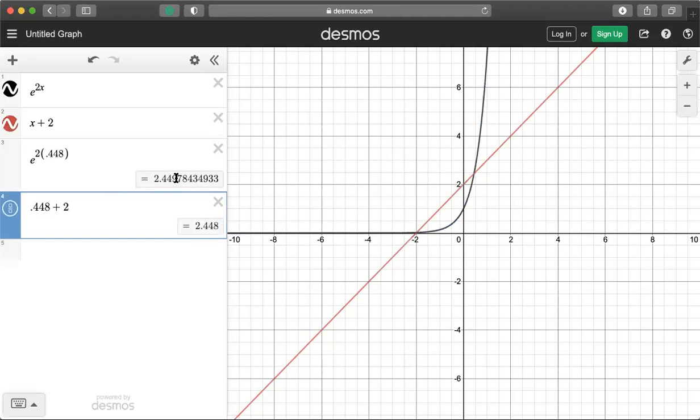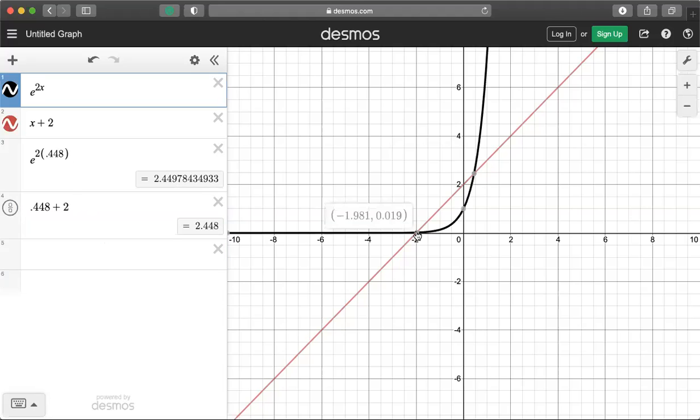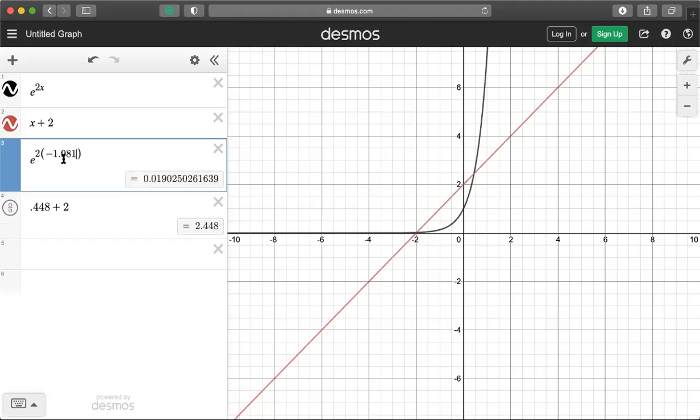Again, this is a rounded number here, but you can see that we're getting about the same thing here. Okay, and then let's try the other number. So the other number, you can see they cross at negative 1.981. So if I plug in negative 1.981, this is going to be rounded. If I plug it into here, you can see that they're about the same. So these x values, when you plug them in, you're getting that these two functions are equal.